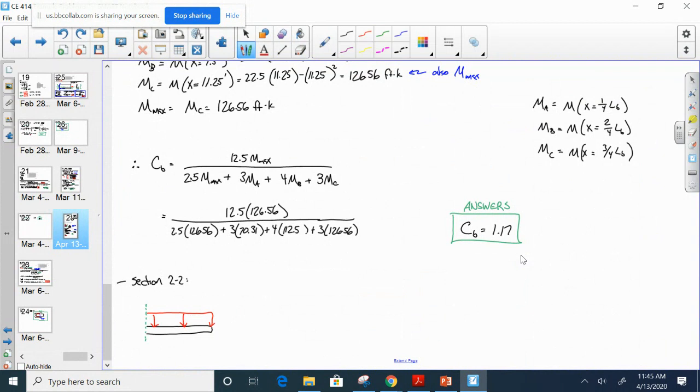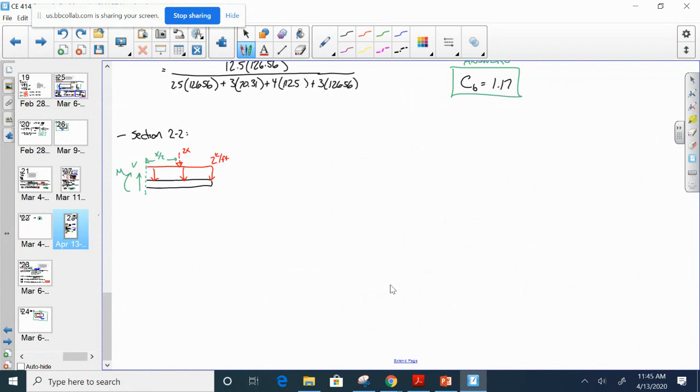All right, and so I've got my shear, my moment. This is 2 kips per foot. I collapse that into 2x, at distance x over 2. The reason I did that is because the moments are a whole lot easier.